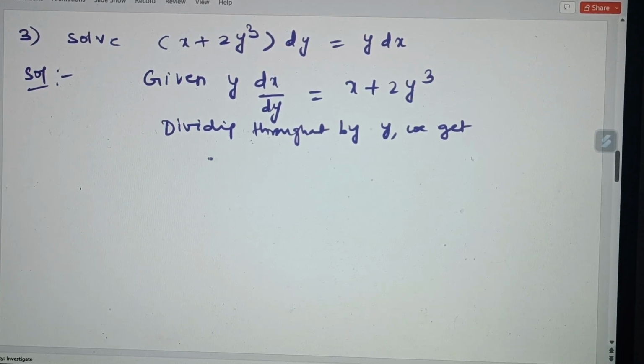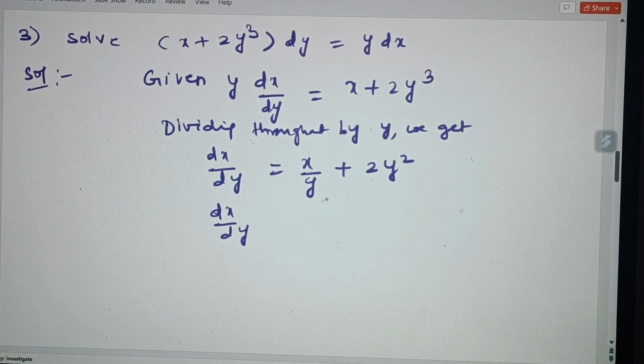What are we going to get? Your LHS will be dx/dy is equal to, what is your RHS? x/y plus 2y³ will become 2y². Now from the RHS, you are going to bring this x/y to the LHS.